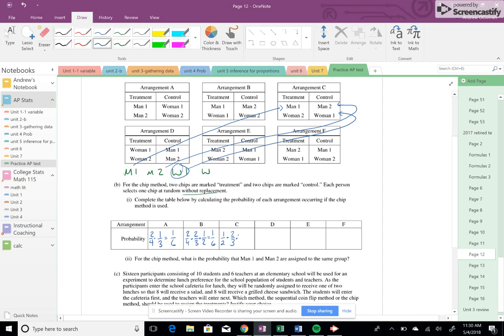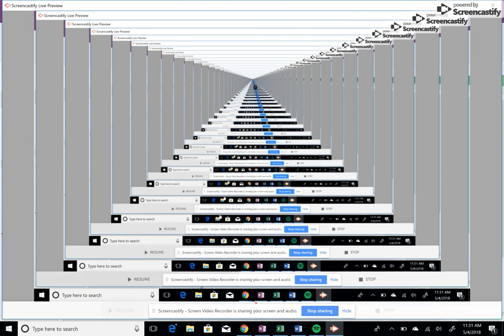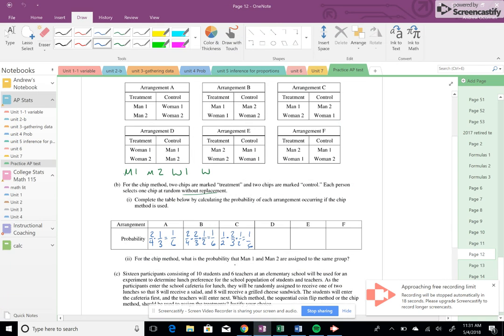She gets control, and there was 1 control left, and there were 2 that she had to choose from. So just like before, this would be 1/6. Go ahead, pause, see if you can figure out the next 2. All right, you should notice that these are all going to be 1/6.